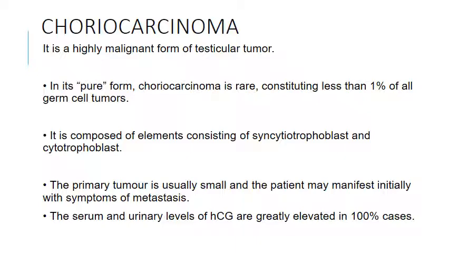As I utter the name choriocarcinoma, whether in ovary or in testis, the classical picture that we come across is the presence of syncytiotrophoblasts and cytotrophoblasts. The primary tumor is usually small and the patient may initially manifest with symptoms of metastasis. Choriocarcinoma is always associated with high levels of HCG.